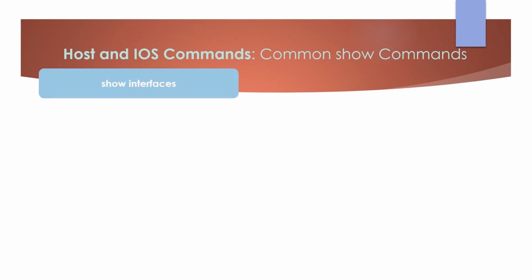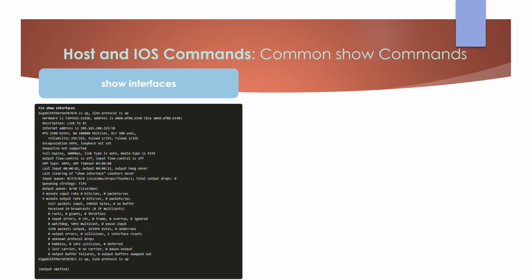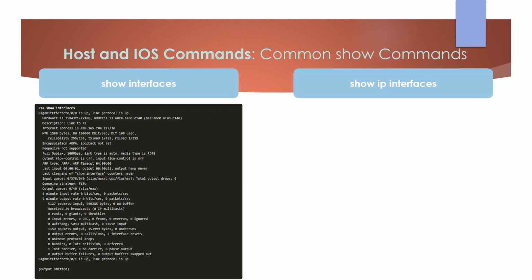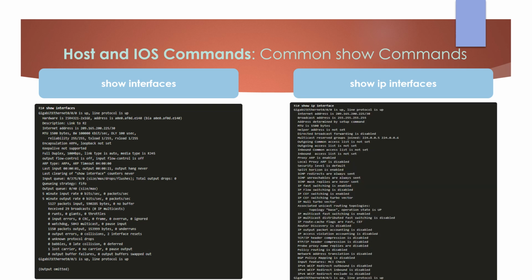And if we use the show interfaces, we will be able to verify the interface's status and see if there are any error messages. And if we use the show ip interface, we will be able to verify the layer 3 information of an interface.